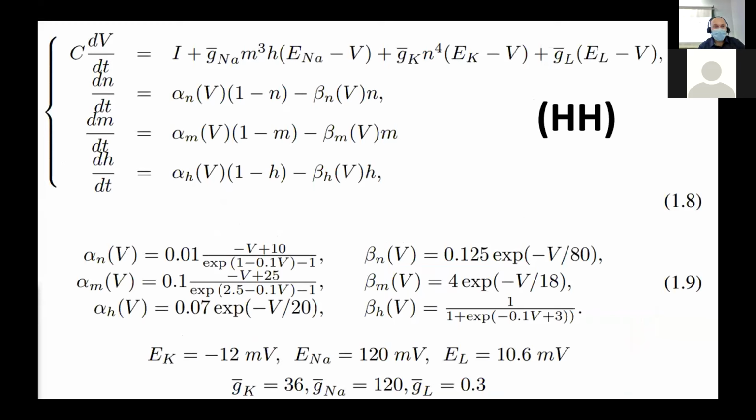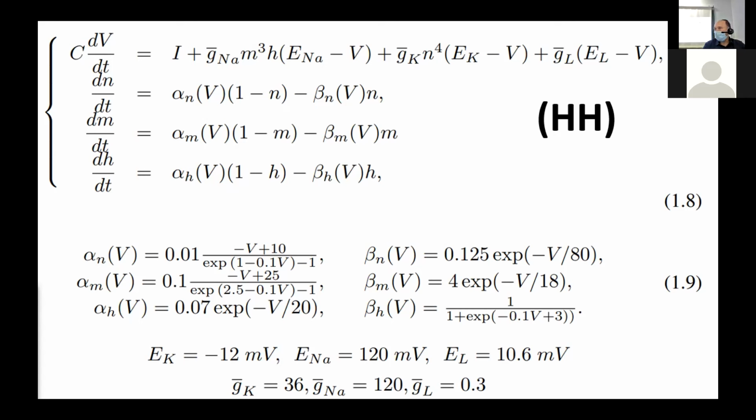And so they came up with this equation. So the first equation: you have the voltage. So here, this is like the previous exercise. You have the capacitance and the voltage, C U prime, is equal to a current.